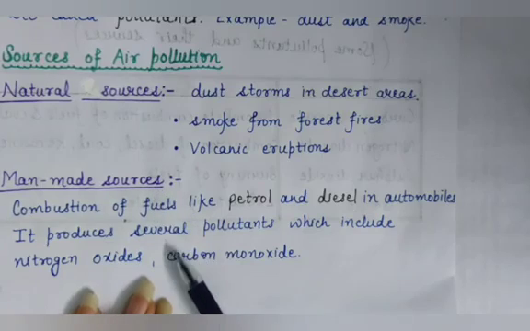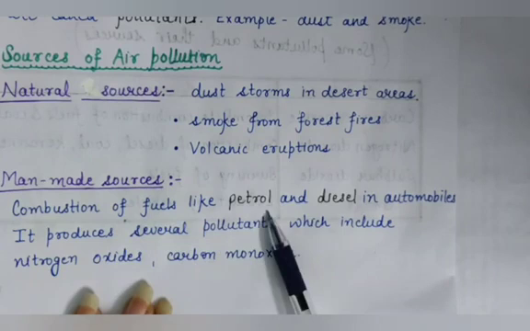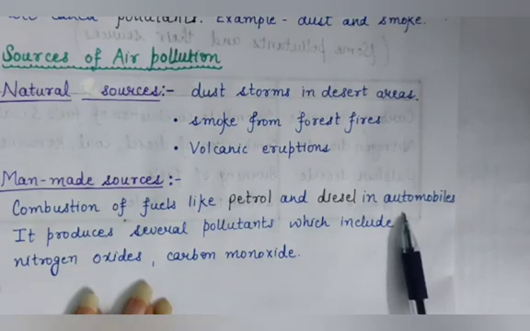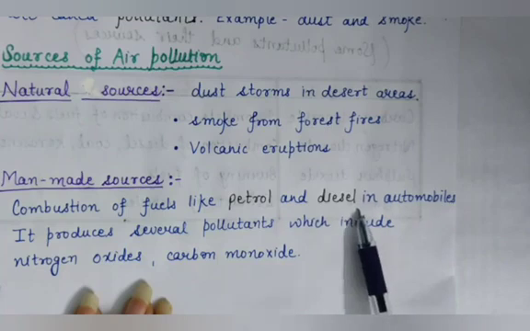Okay, and man-made sources are the combustion of fuels like petrol and diesel in automobiles, which is the major source of air pollution. Means by the combustion of petrol and diesel, air gets polluted.